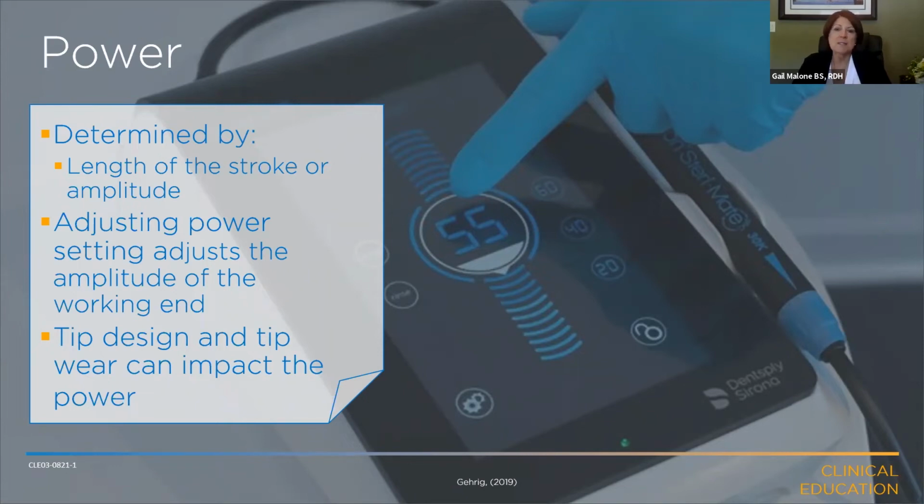A lot of times, this is something that's overlooked. We many times see clinicians taking a one-size-fits-all approach to power settings when in actuality, knowing what we know about the technology, we need to be adjusting that power setting based on treatment objectives, patient presentation, tips that we're using, a lot of factors that we need to consider.